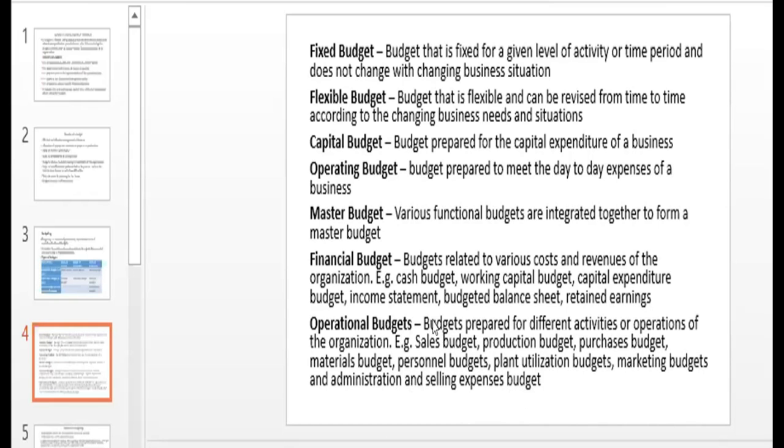These are operational budgets. And financial budgets are like a budgeted income statement, a budgeted balance sheet, and all that. So there are statements that are prepared based on the budgets, so that we can plan for what we need to achieve in terms of our statements.